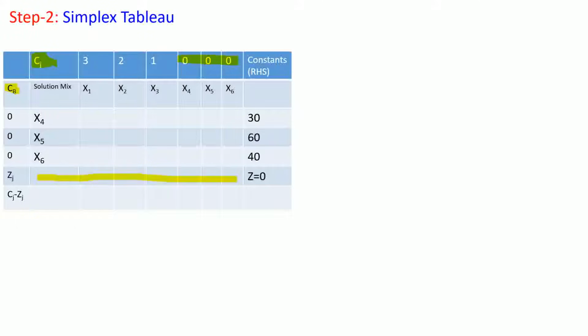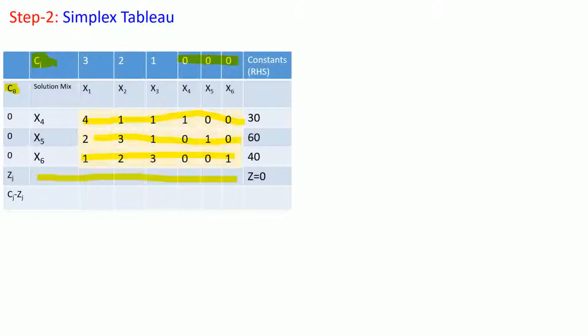So here in the table we have to put all the coefficients of the first constraint here, the second constraint here, and the third constraint here. And these are the right hand side values, the constants found in the right hand side. As you see here, we already put all the constraints here.